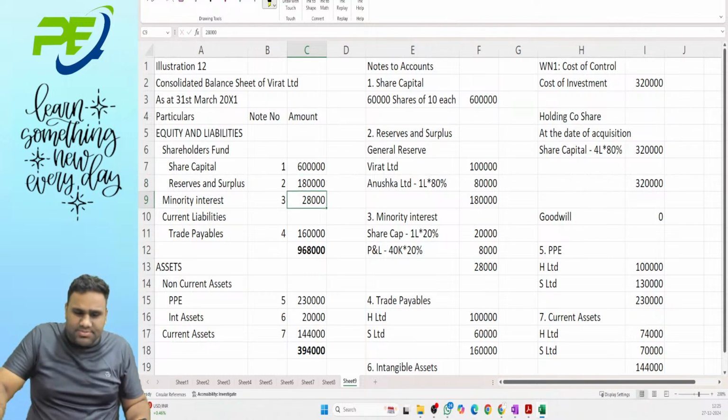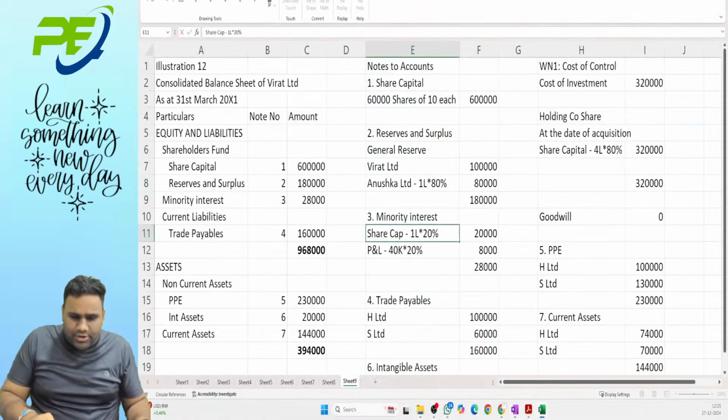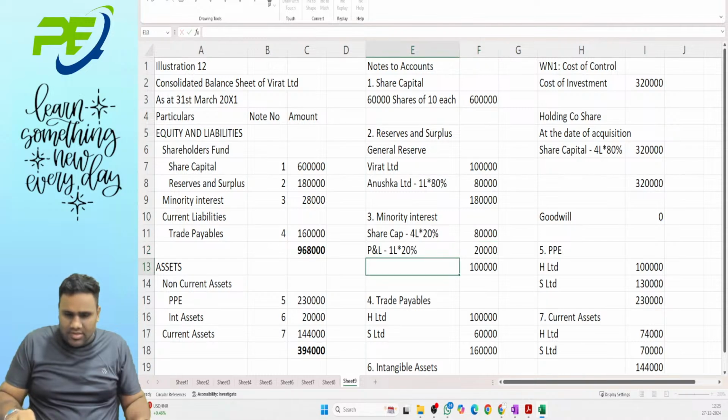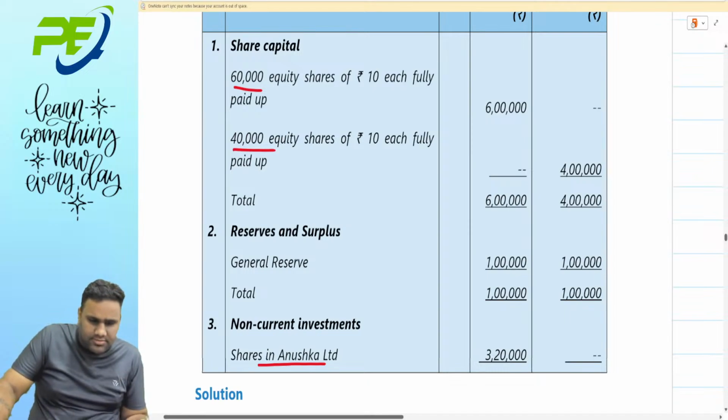Now minority interest, share capital 4 lakh into 20%, and PNL. General reserve, PNL all same. Minority interest 1 lakh.